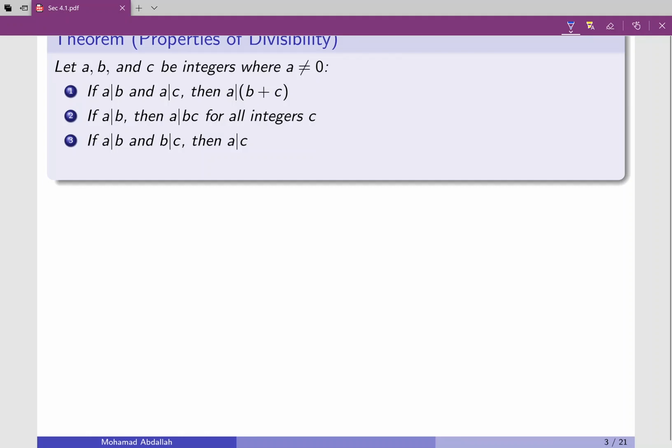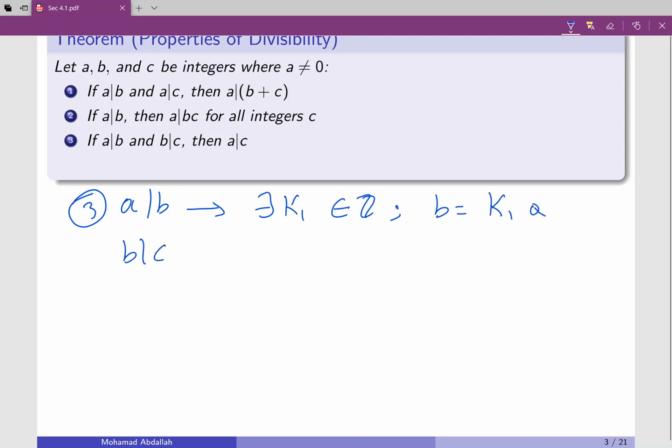Now, if A divides B and B divides C, then A divides C. Similarly here, I start with A divides B, so that means there exists K1 in Z such that B equals K1 multiplied by A. And when I say B divides C, that means there exists K2 in Z such that C equals B times K2, or K2 times B, doesn't matter.